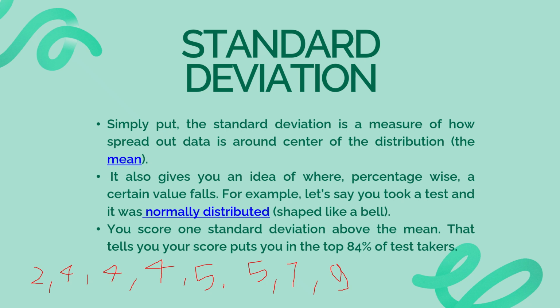So this data set's mean is 5 and the standard deviation is 2. Next we are going to see the quartiles.